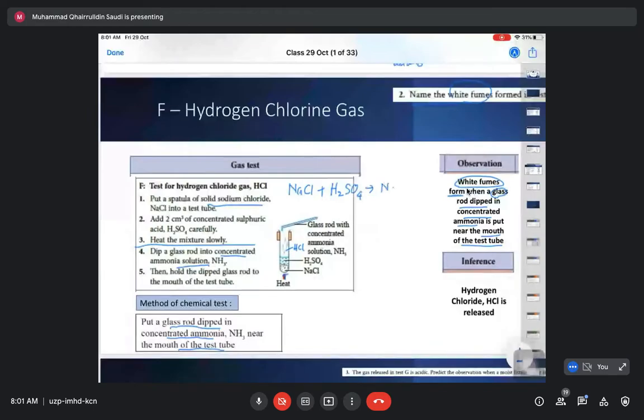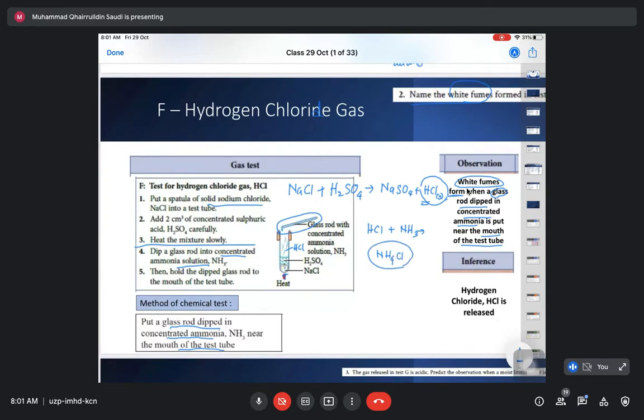Sodium sulfate and hydrogen chloride gas. Okay, HCl dalam produk ni adalah gas, sebab tu dia namanya hydrogen chloride gas. Okay, HCl kalau dalam liquid kita panggil sebagai hydrochloric acid sebab dia boleh show its properties of acid. So when this hydrogen chloride gas reacted with ammonia, okay, ammonia ni yang dia letak kat sini ni, they will form ammonium chloride.